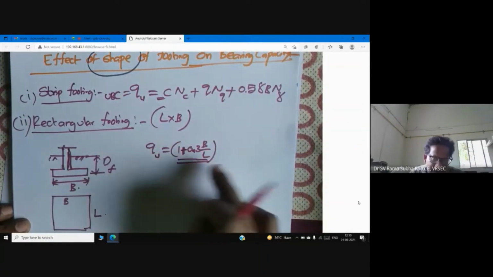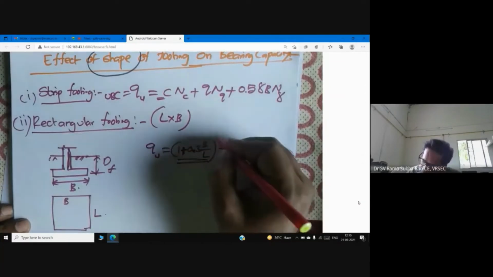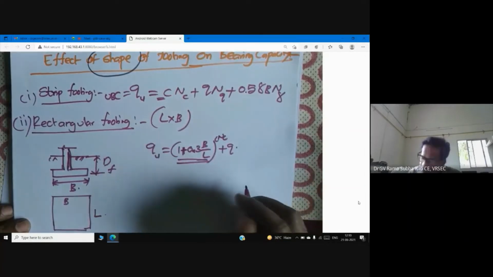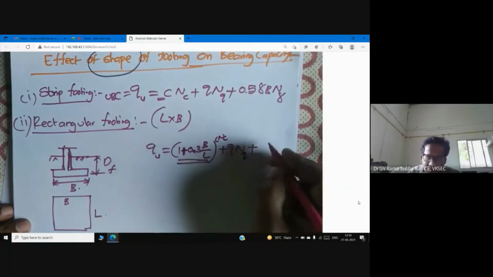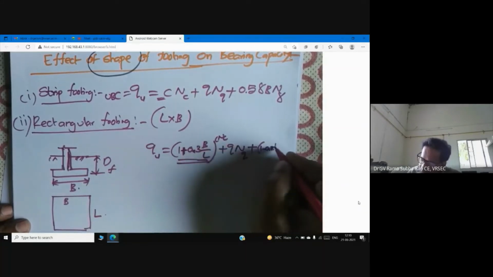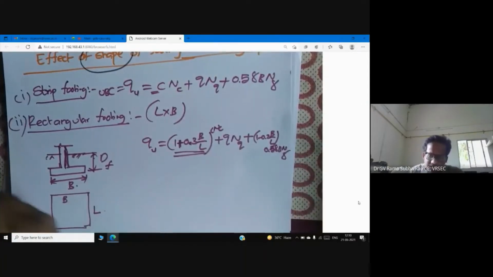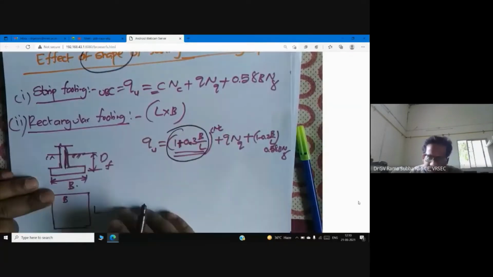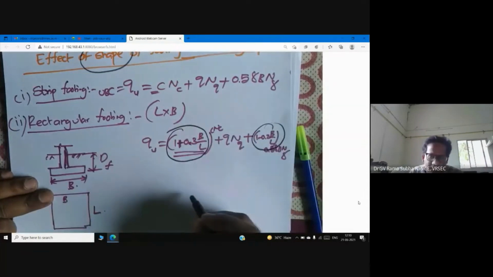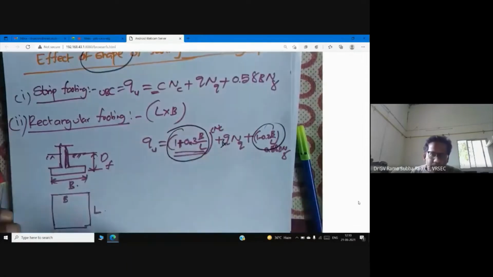Anyhow, we will discuss now c and Nc, q and Nq. I think I'm a bit in a hurry. Now it is the right time. We have to write 1 minus 0.2 B by L, apart from your 0.5 gamma B N gamma. That means we are going to multiply with 1 plus 0.3 B by L and 1 minus 0.2 B by L. Someone can ask me, sir, what about q and Nq? It is one only.